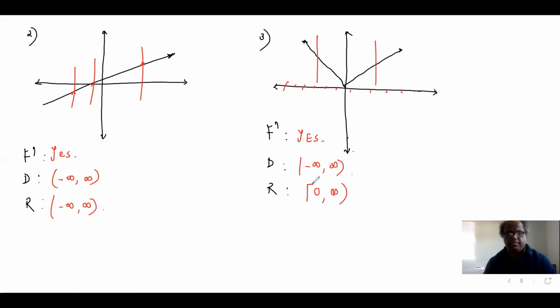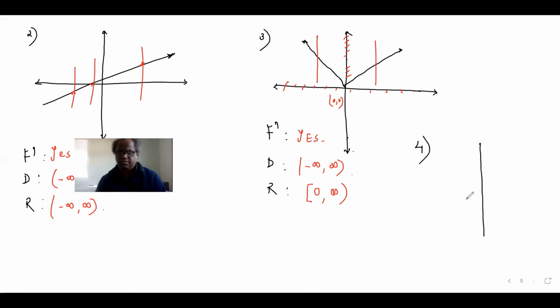Okay, and be careful in the notation. So this is range, because the lowest or starting value that y takes is 0. This is my 0, 0 point. Okay, and all the values in this direction. So this is a bit confusing sometimes.